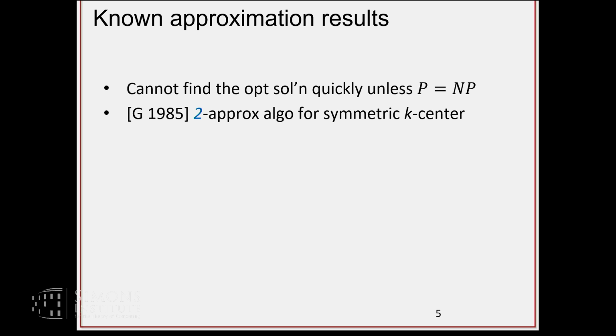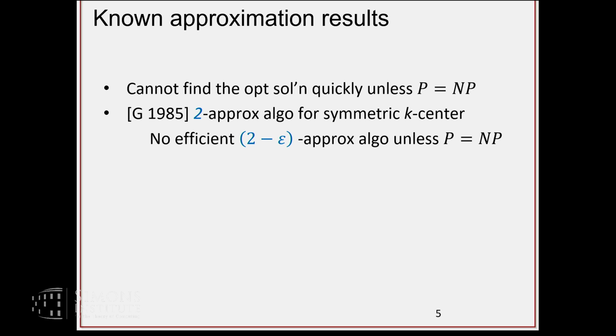For symmetric k-center, in the 80s, Gonzalez showed a 2-approximation, and there are a couple of 2-approximations for this problem. There's the famous farthest first traversal and some other ones. It was also shown that this is the tight approximation ratio, so this is the best you can do for symmetric k-center unless P equals NP.